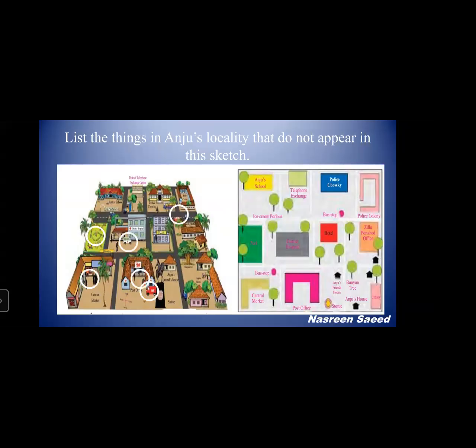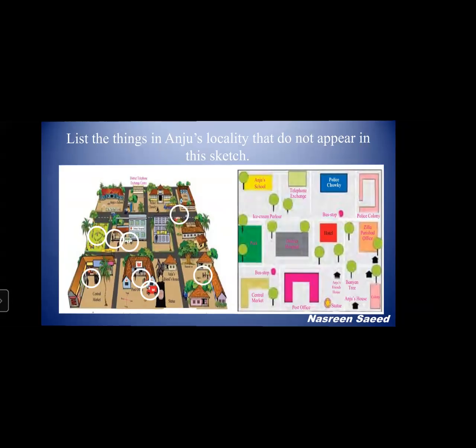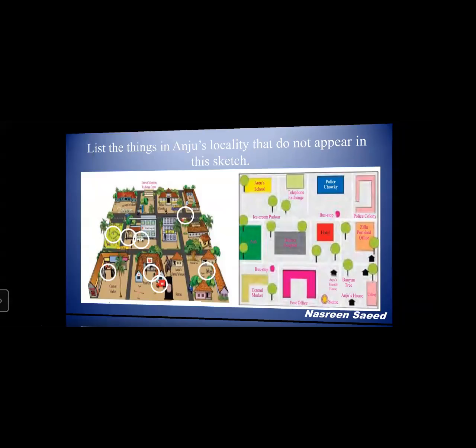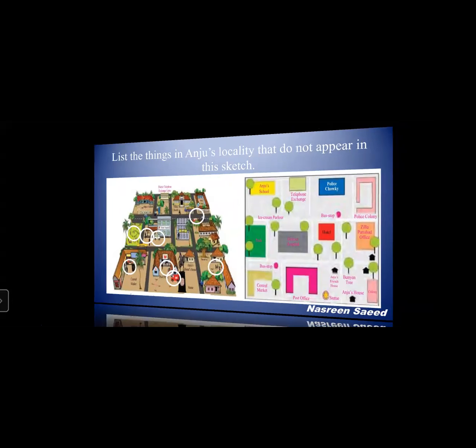The people outside the post office, and even there is a post box outside the post office, that is also not appearing in the sketch. Then the children or the people outside Anju's house, that is also not appearing. People outside the hospital, not appearing. So this way, the people, the vehicles are not appearing in the sketch.